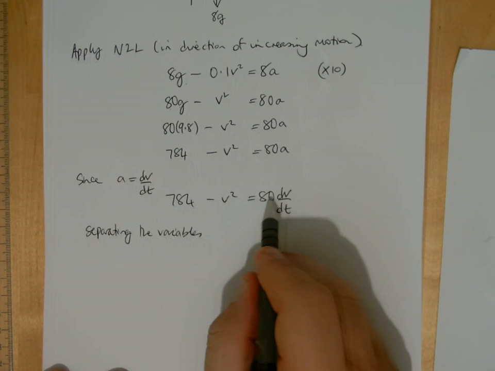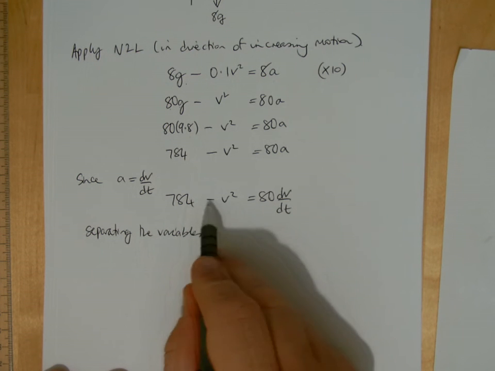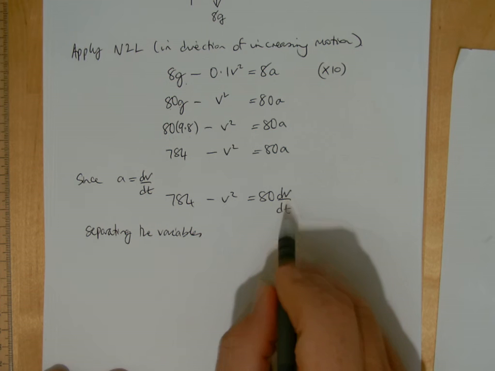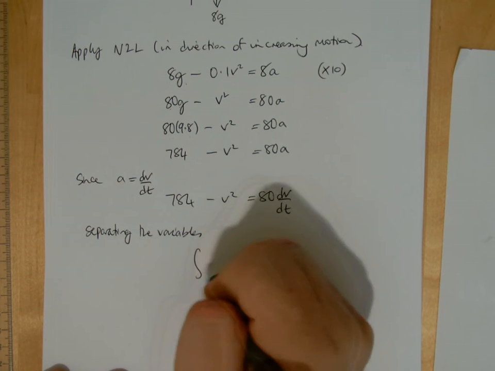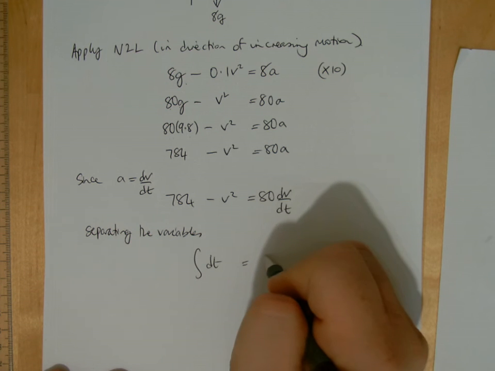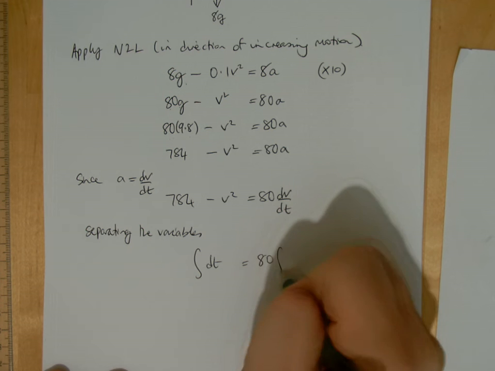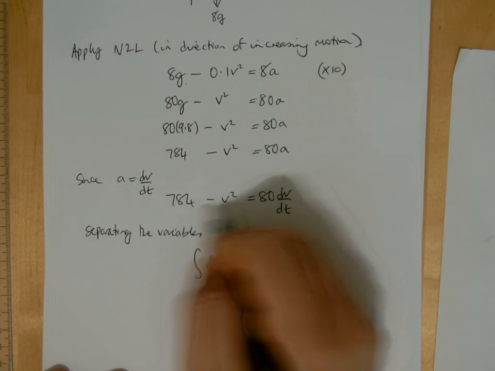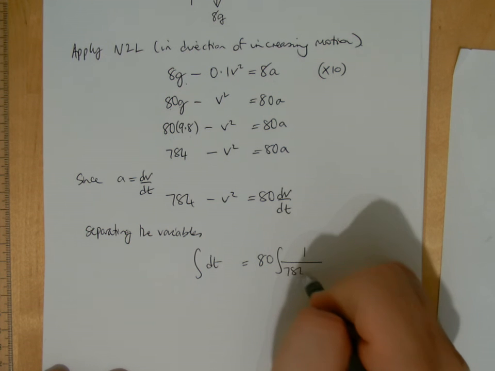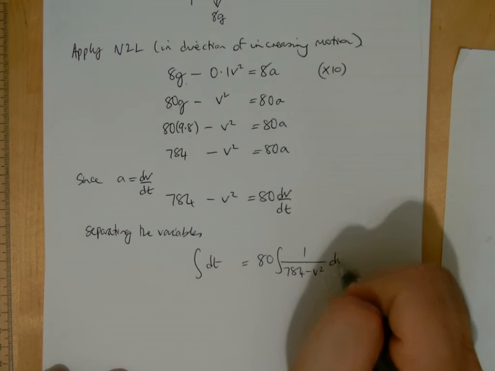I'm going to keep the 80 where it is, take that over there with the v's, and take the dt up. So I've got the integral of dt equals, well, let's put the 80 outside the integral, and then 1 over 784 take away v squared dv.